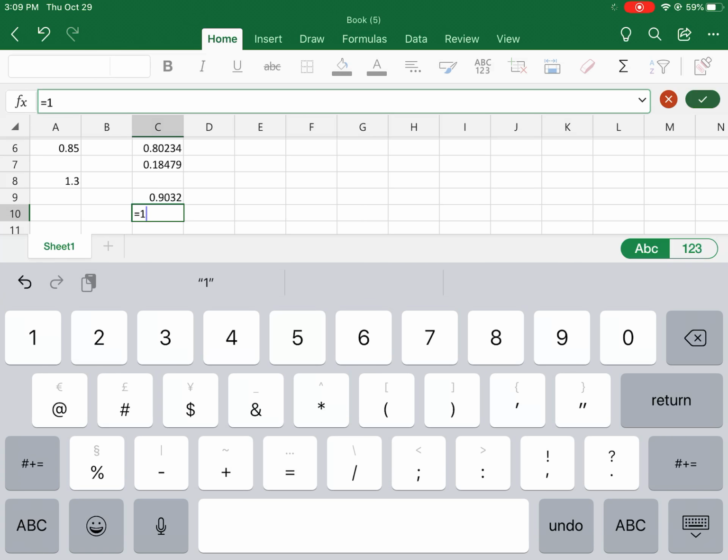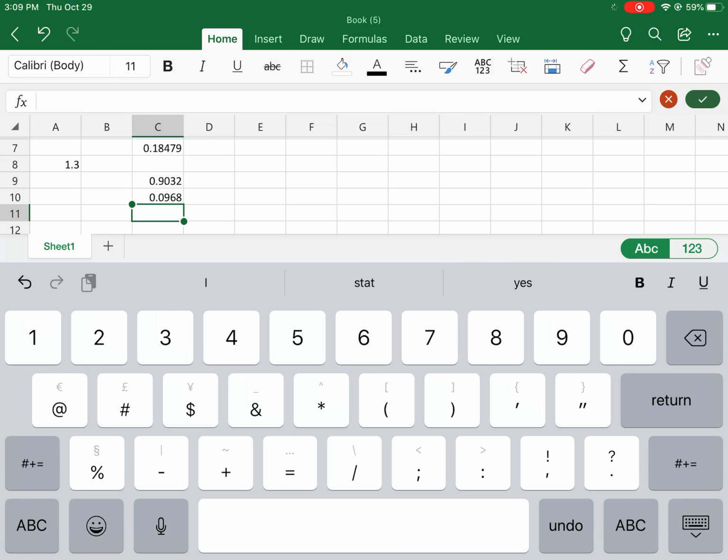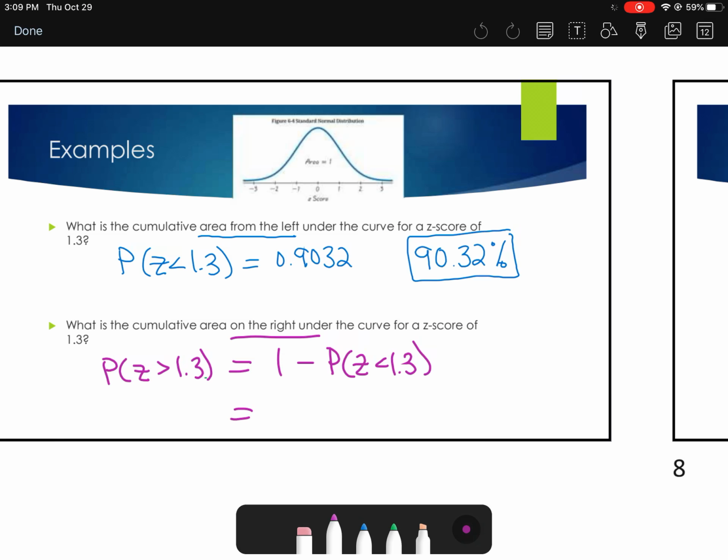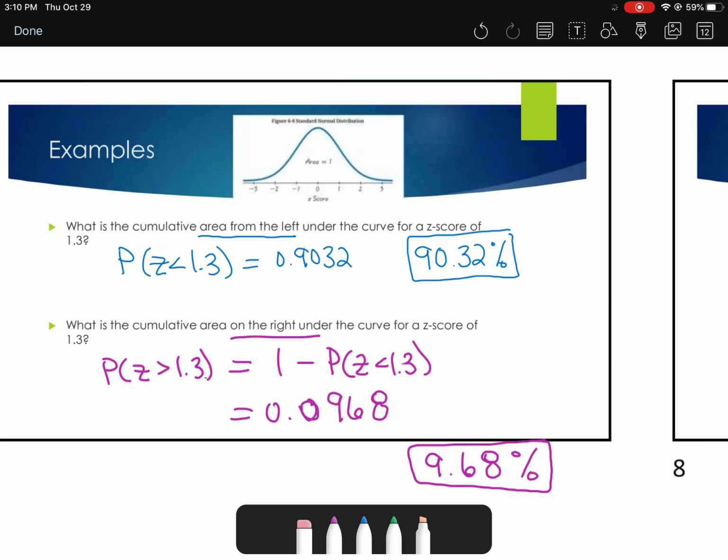Luckily, we already have that answer. So to do that, all I have to do is equals 1 minus, make sure I cell reference, and hit enter. I get 0.0968, which is 9.68%.